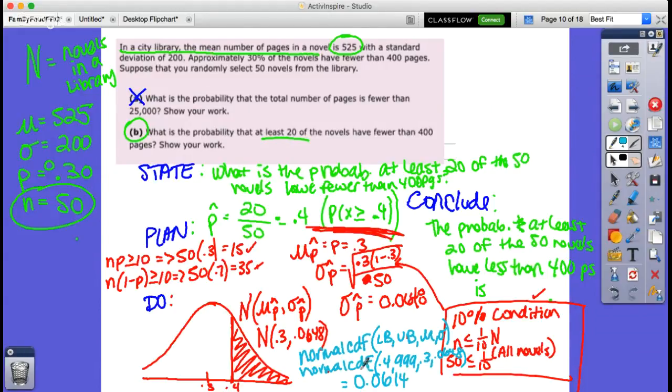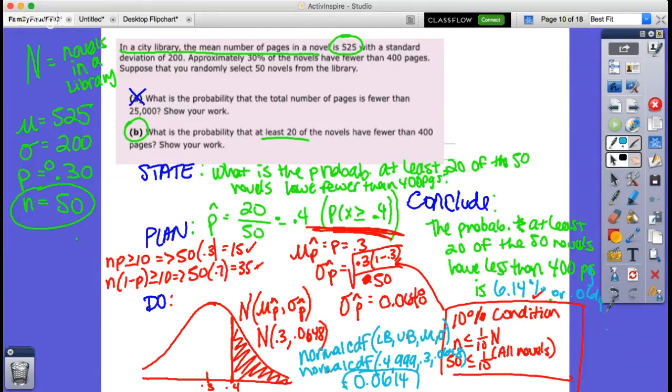So what happens is this can then say the probability that at least 20 of the 50 novels have less than 400 pages is, and you could actually say 6.14%. You could also say 0.0614. And we'll take either of those. But that's how you would do it.